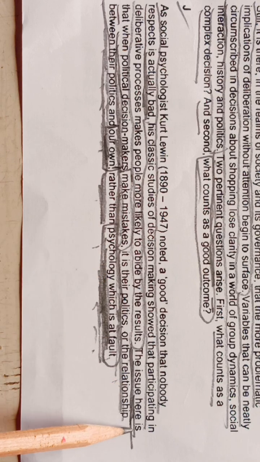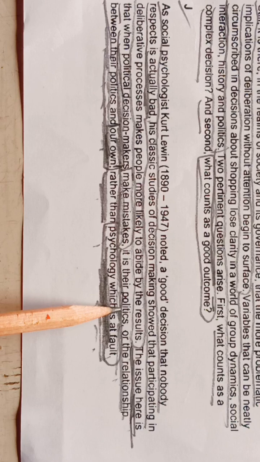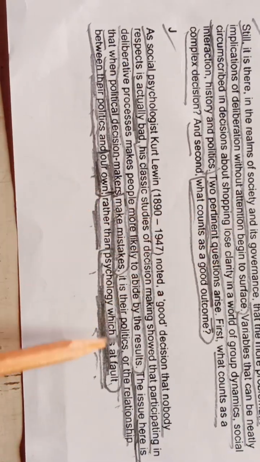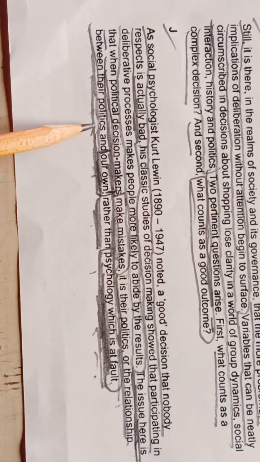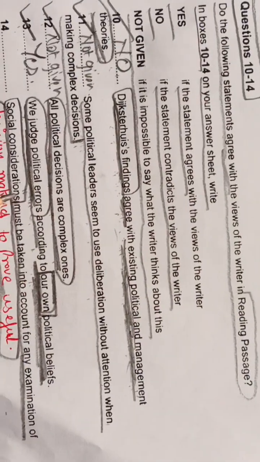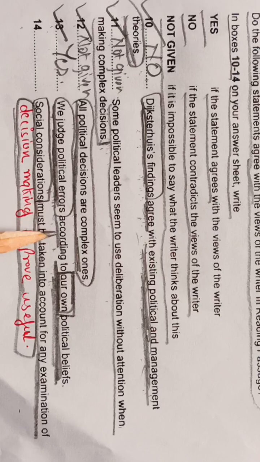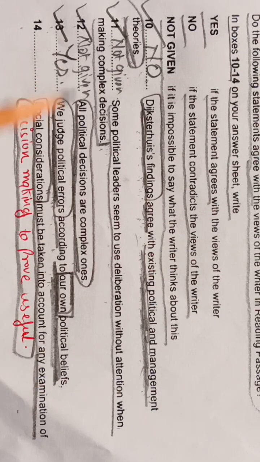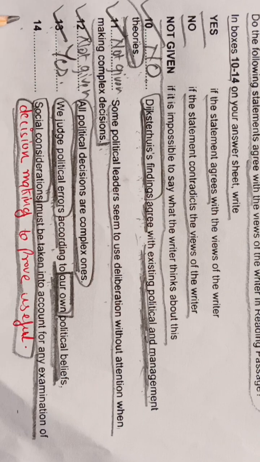We are getting our answer from here: the issue here is that when political decision makers make mistakes, it is their politics or the relationship between their politics and our own rather than psychology which is at fault. And in the question they are asking, we judge political errors according to our own political beliefs. Yes.